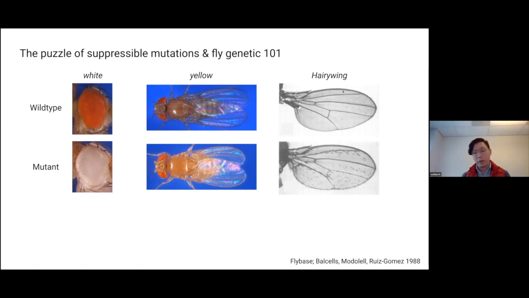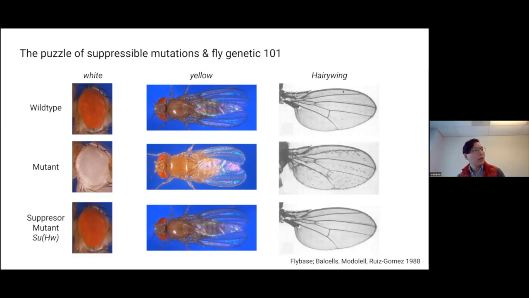But what's really interesting people saw was that there is a set of mutations that can be rescued or suppressed by another type of mutation. So when people put mutants, for example, the white mutant, which creates a white eye, together with this other mutation that people call a suppressor mutation, they actually restore back to a red eye.